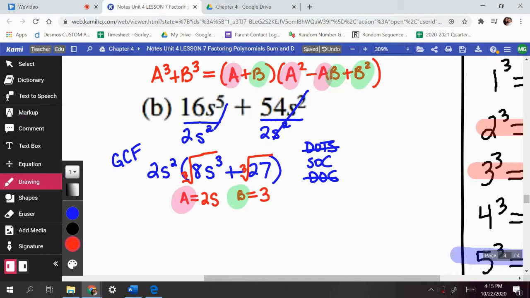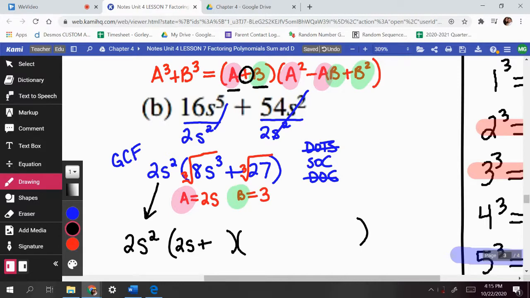Okay, so let's go ahead and try to factor it. My GCF is just going to stay out front, 2s squared. And then I need to fill out these parentheses. So we start with A. So I'll have 2s plus B, which what was B? B was 3. Okay, in the second parenthesis, now I have A squared.